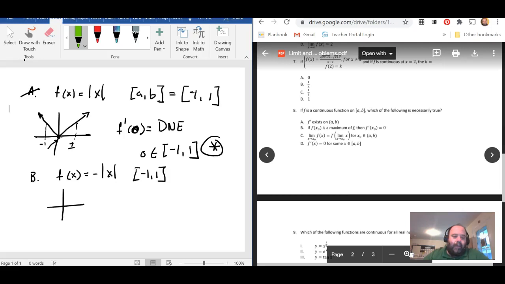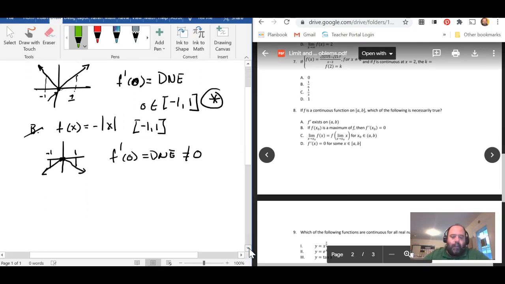That guy graphs this way, right? It graphs like this. The maximum is here, right? So I go from -1 to 1. The maximum is f at 0, but f prime of 0 does not exist, which means that's not equal to 0, so B cannot be the correct answer, right?